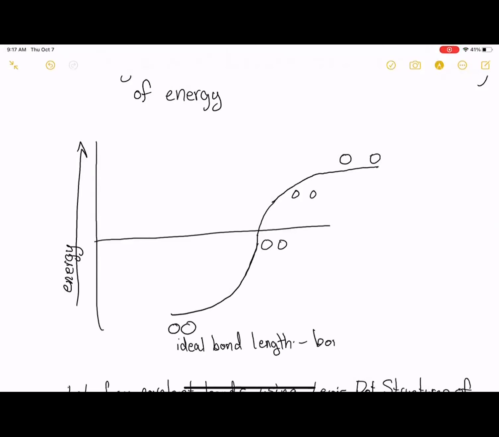Basically, the bond length is the distance between nuclei.